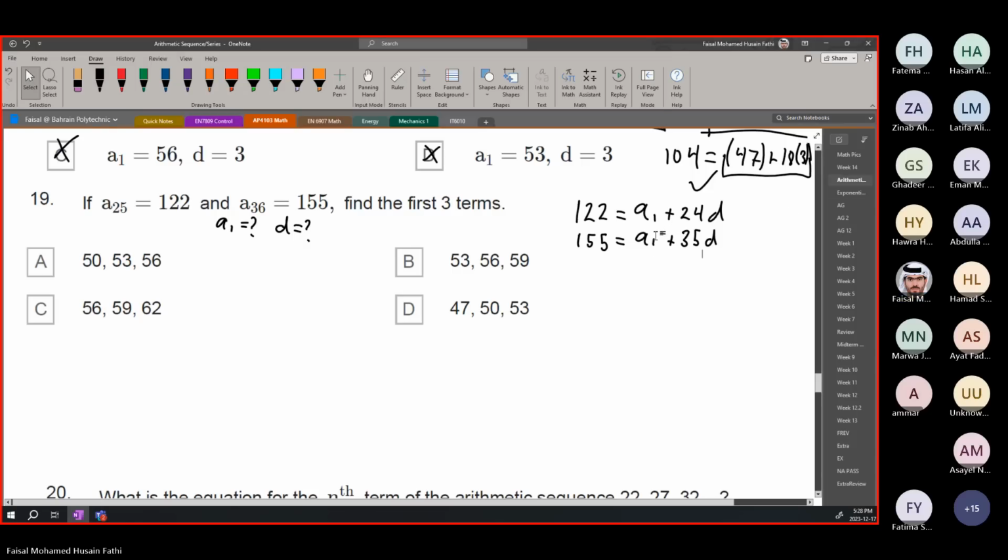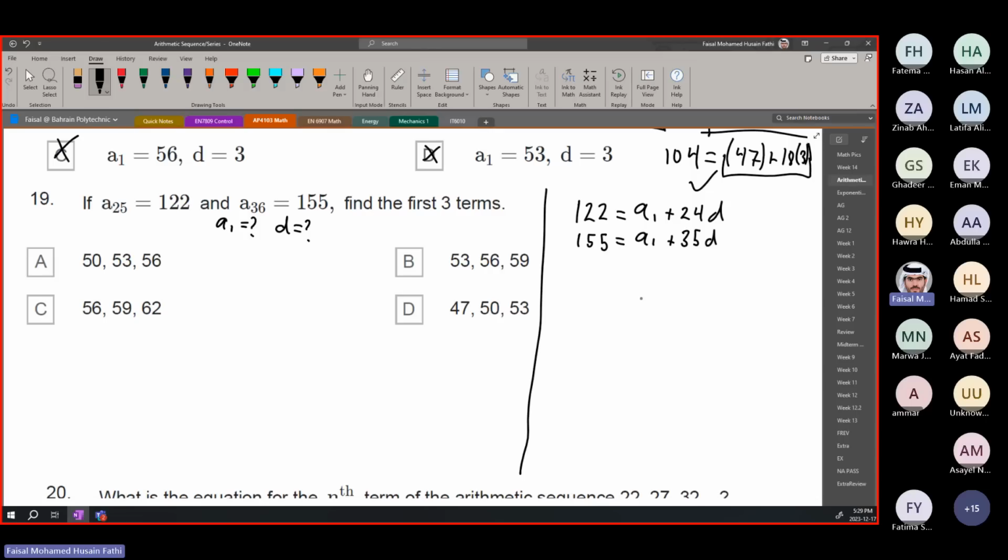Now, you will solve these simultaneous equations in any way you want. In the calculator method, mode 5-1, let me teach you this very quickly. I'm not going to repeat it 20 times, so if you get it, you get it. If you don't, try to look up a YouTube video. We'll go mode 5-1.